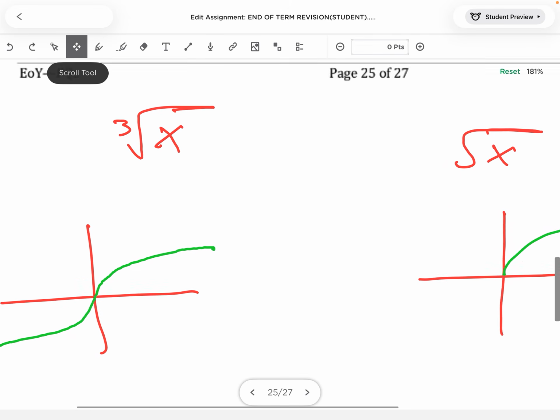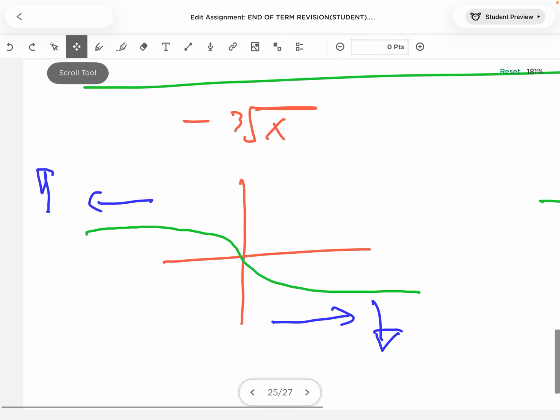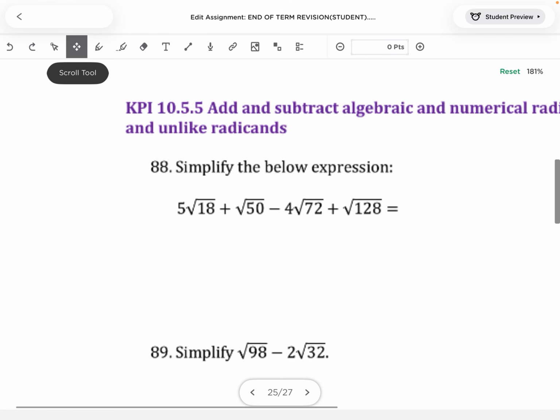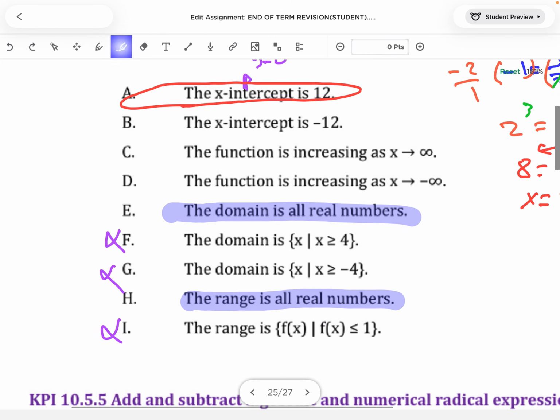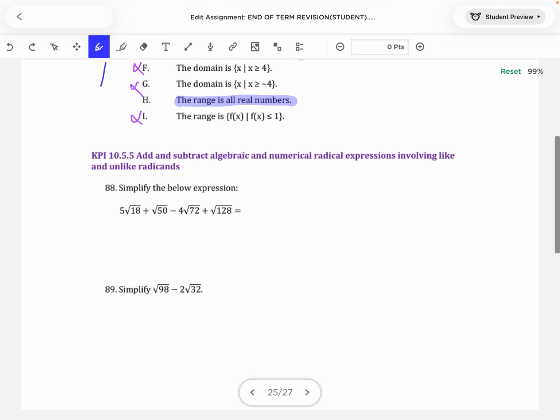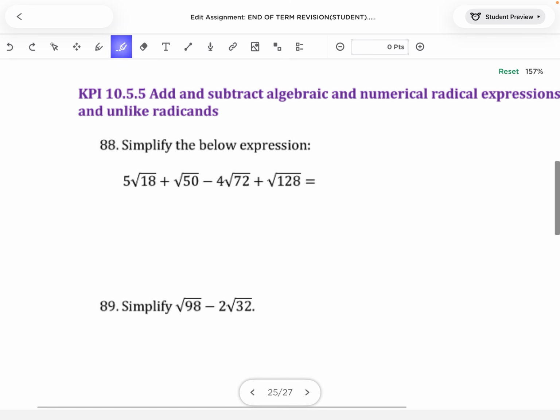Let's go back. The function is going up at the left side here. So when x goes to negative infinity, this is the choice. I hope that you got the idea.